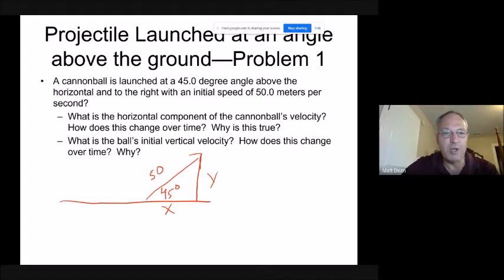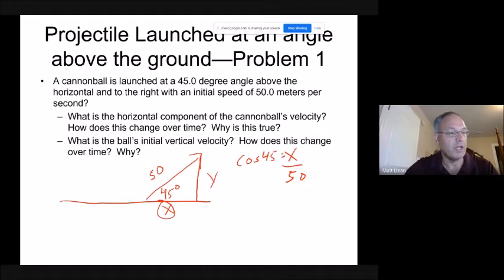We're asked first to find the horizontal component, which would be x. To find that, we're going to use the trig function cosine. We're going to say that cosine of 45 equals our adjacent side of our triangle, x, over our hypotenuse, which in this case is 50.